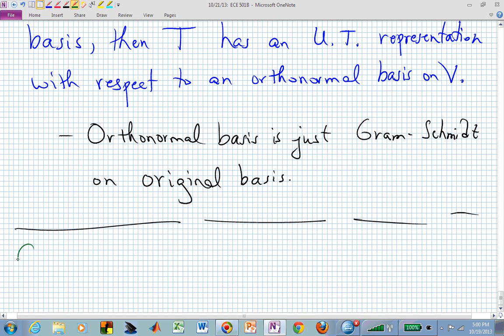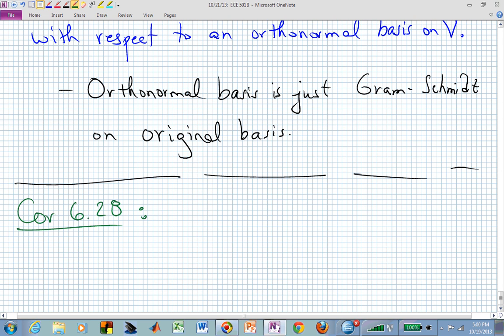One more corollary before we move into some more results, but that Gram-Schmidt provides us with a lot. Now we've written down 4 more corollaries.